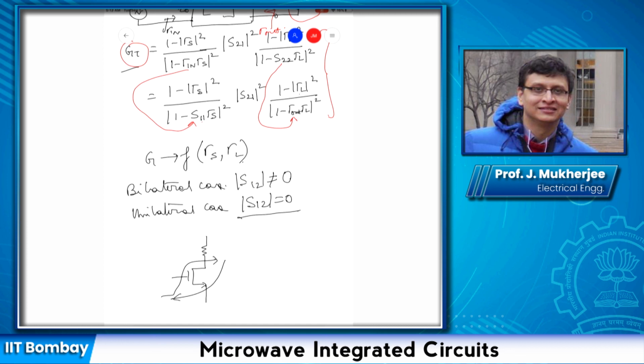That is true for many devices, and that's why this unilateral case is considered valid for many cases. And as we shall see, it does make the design much easier. So that was all I had for this part. We'll continue in the next part.